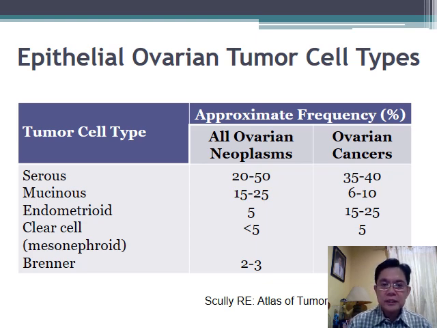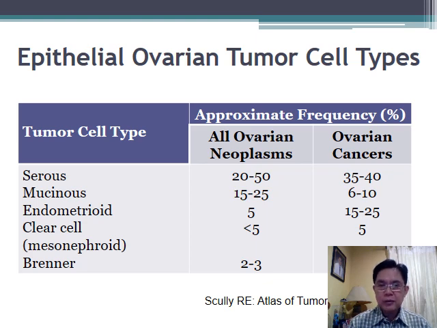Considering all of our epithelial ovarian tumors in general, the most common type is serous, followed by mucinous, and then endometrioid. Clear cell and Brenner tumors are usually rare. However, if you talk about malignant ovarian tumors, so ovarian cancers, the most common is still serous adenocarcinoma.